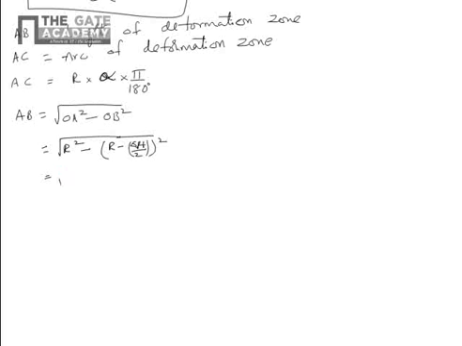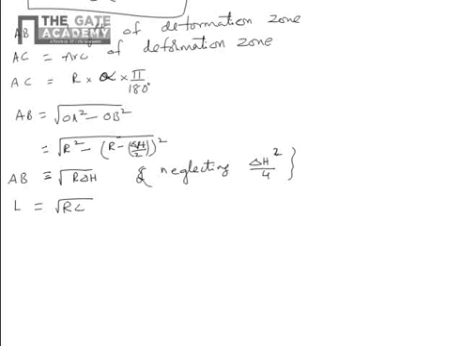If you simplify it, you will get R delta H in bracket, neglecting delta H square by 4. So AB equal to square root of R delta H. AB is nothing but the length of the deformation zone, that is L equal to square root of R delta H. So, most important formula.